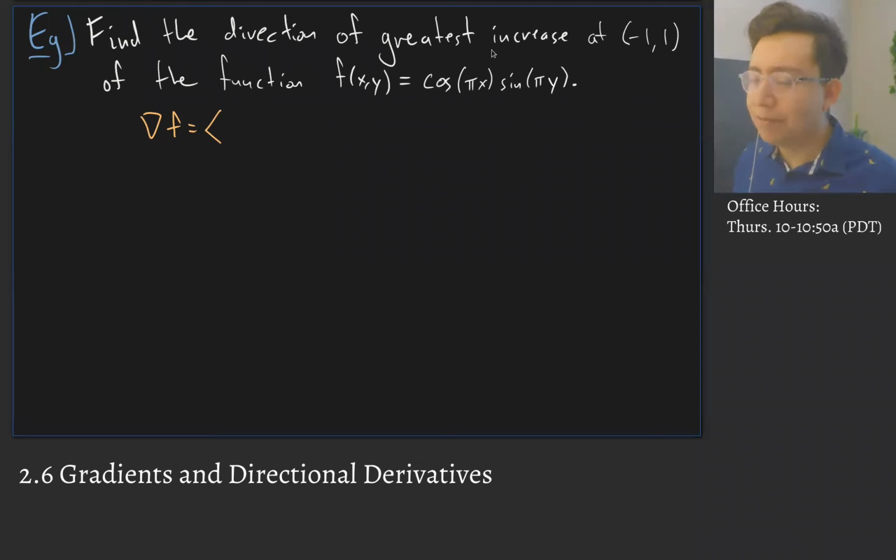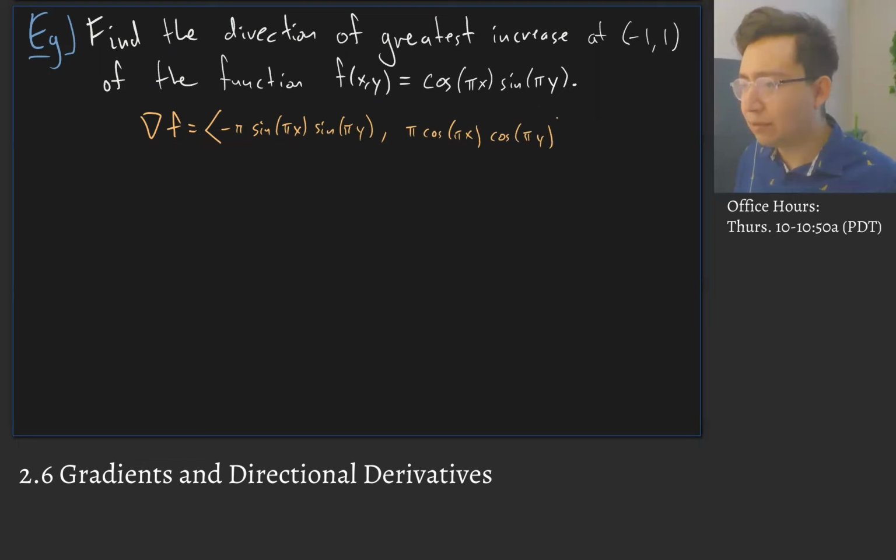But let's take the derivative of this with respect to x. Well, this is negative pi sine of pi x, and then sine of pi y. And then we have pi cosine of pi x cosine of pi y.